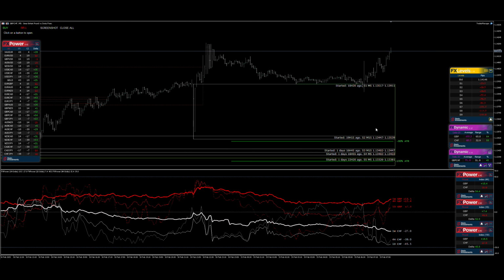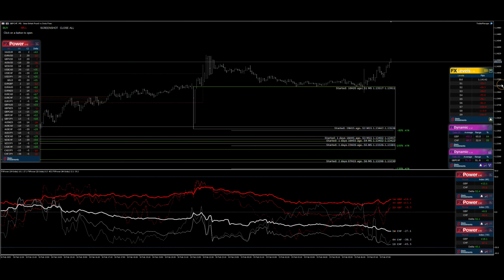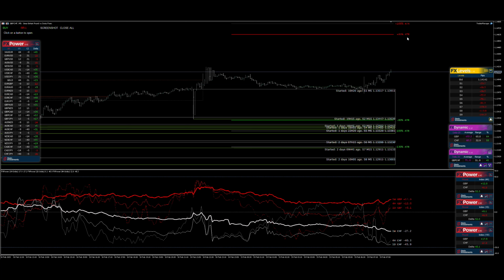So in this example, we take the trade with a stop loss right below here and a profit target at the 80% ATR. So let's do that now, and then we'll check the outcome of this trade later on.